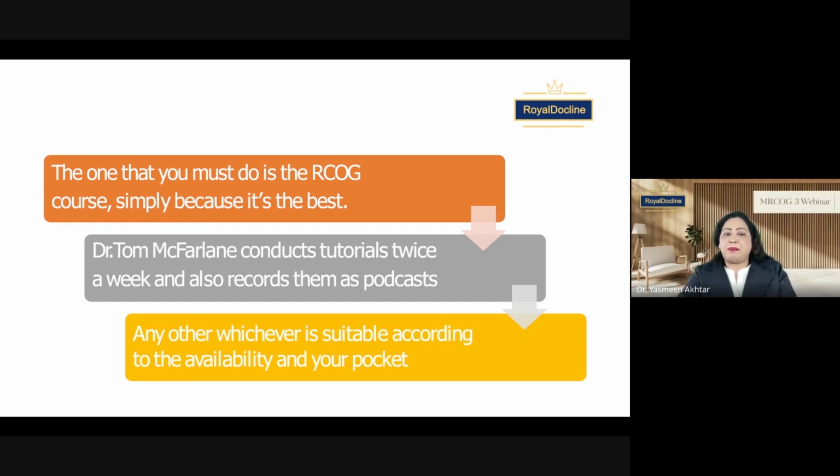And then Tom McFarlane. You are all aware of Dr. Tom McFarlane. Really, he is a gem in the MRCOG. He usually comes during the ceremonies, and he is an old guy over there, and he is conducting a free tutorial twice a week, not only for Part 2 but for Part 3 as well, and he records it and then puts it on the website. This is a wonderful effort, and we really appreciate Dr. McFarlane.